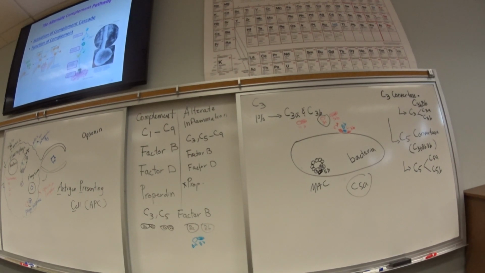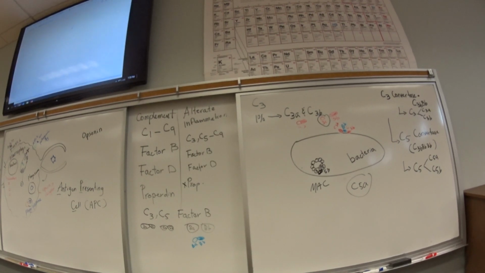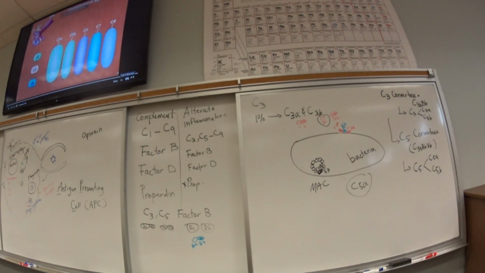They attach to the surface of the cells, called 6, 7, 8, and multiple 9s. They make the hole. C3A and C5A induce inflammation and bring neutrophils. C3B is an opsonin. All right, let me show you the activation animation. I'm going to go forward in it because the first part of it is showing you the earlier steps.